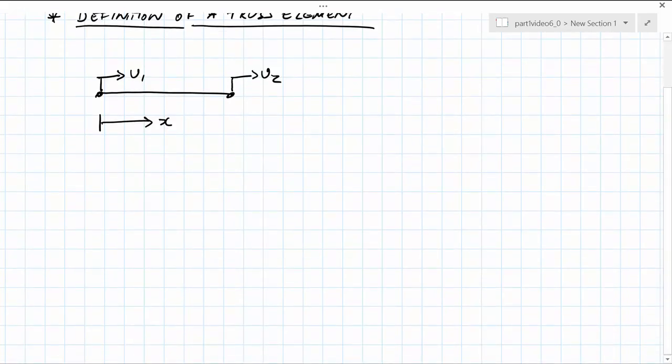A truss element can be orientated in any direction, and it has 2 degrees of freedom per node, a vertical component and a horizontal component.